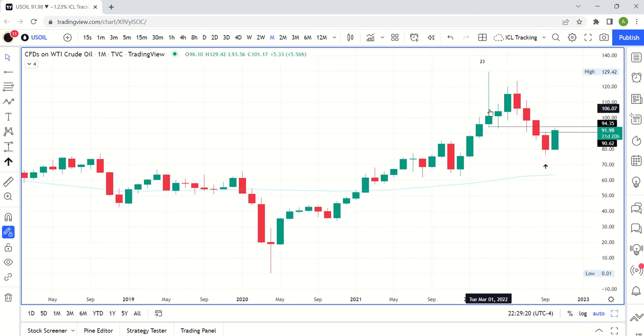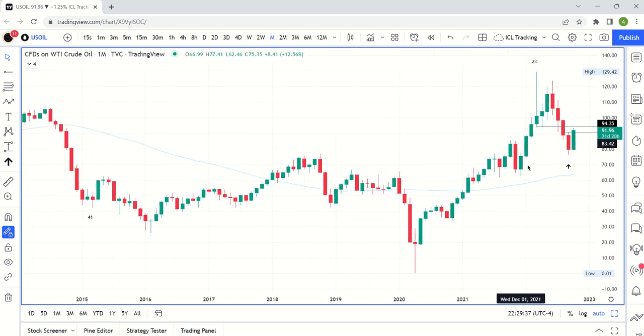This March candle marks the high, and the low from that candle marks our swing high. That's right around 94 bucks, which makes that area somewhat of a magnet to be tested to the underside. And we'll see how it reacts to that.